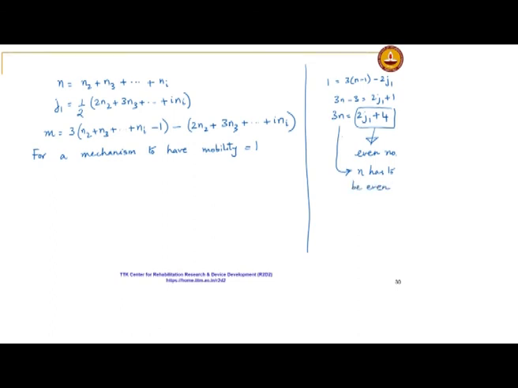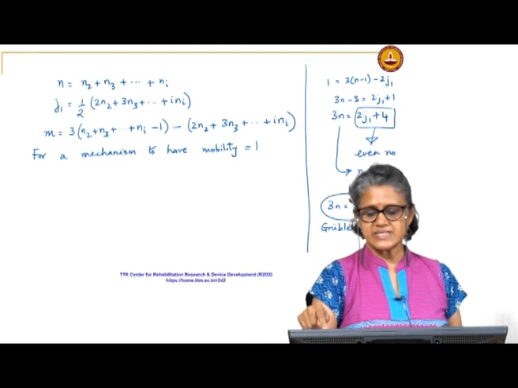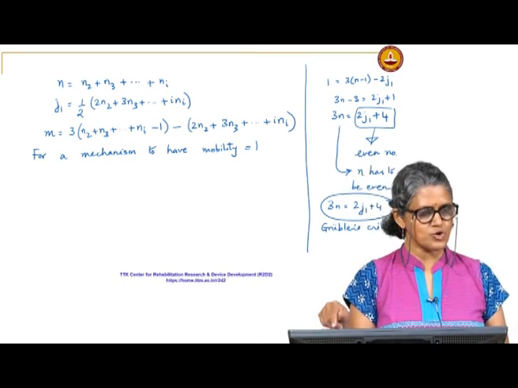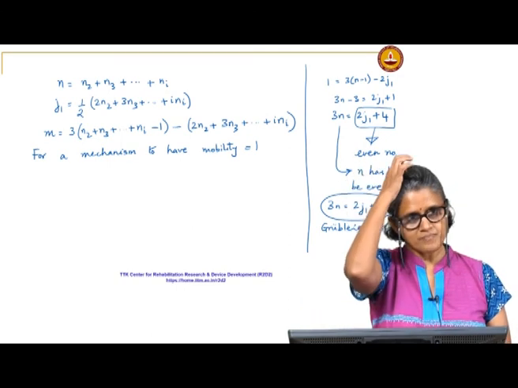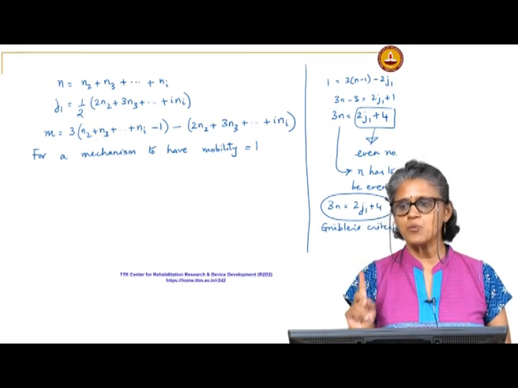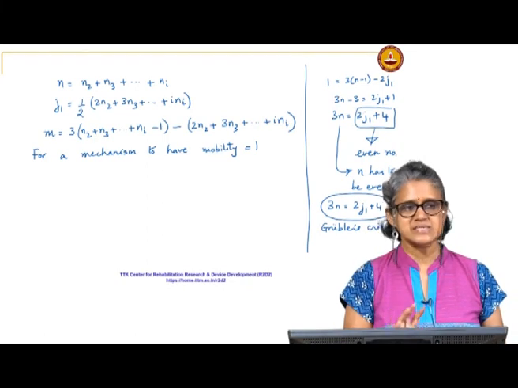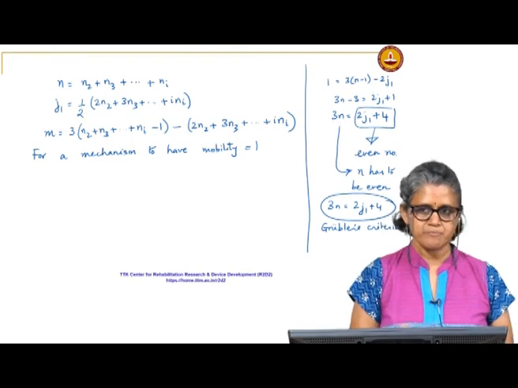This 3n = 2j1 + 4 is called Grubler's criterion. So, the first thing that we see from Grubler's criterion is, if you want a mechanism with mobility 1, the number of links has to be even.